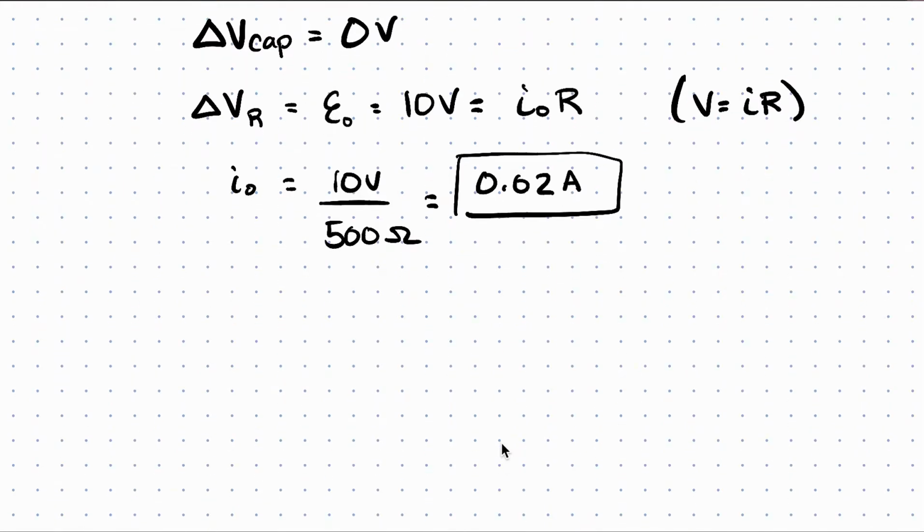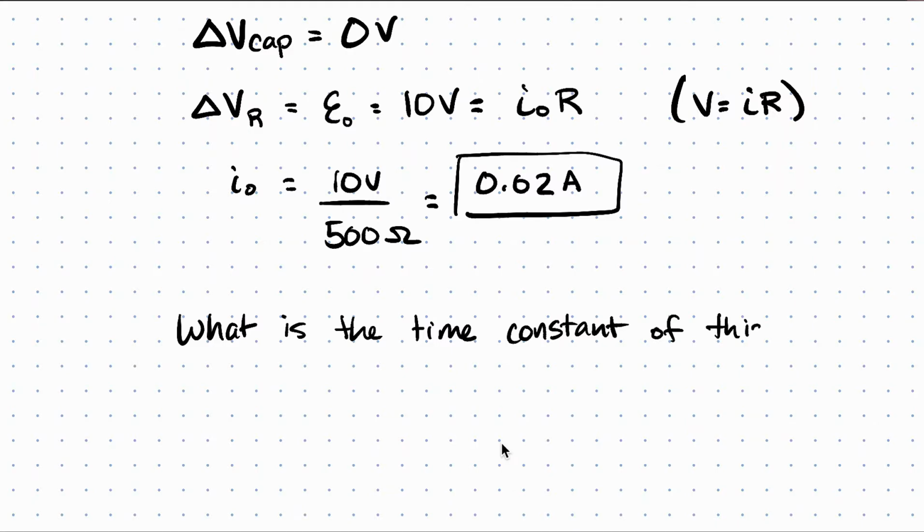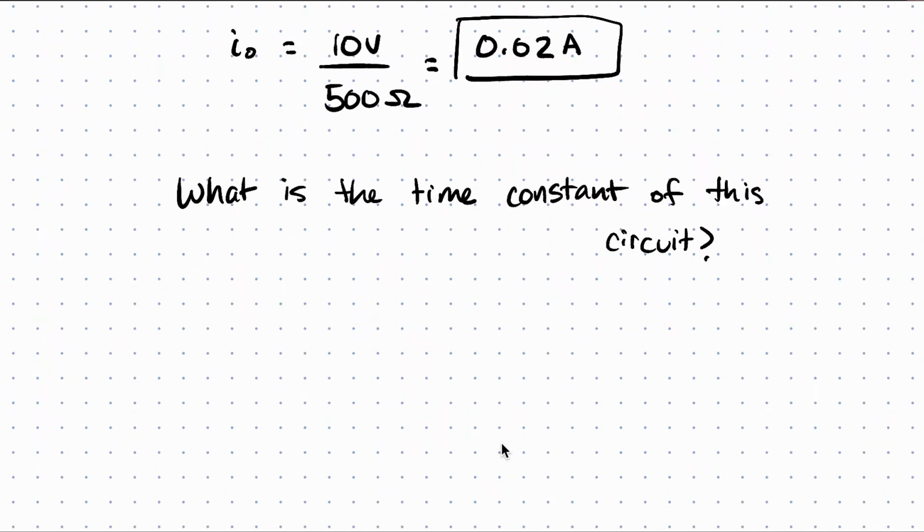Now, the next question is, what is the time constant of this circuit? Well, we use tau as the symbol for time constant, and that is going to be R times C. We're going to see that there are other time constants that show up in different types of circuits, but for an RC circuit, it's the product of the resistance and the capacitance.